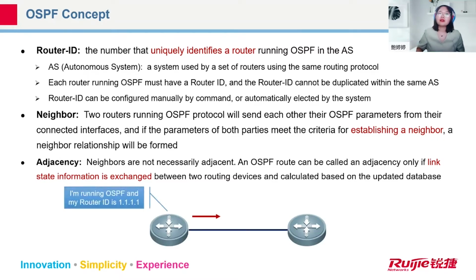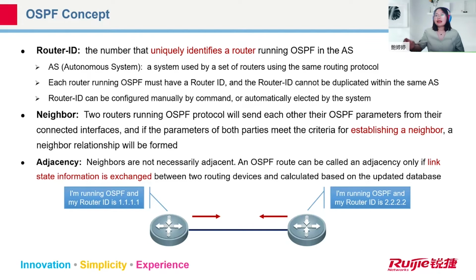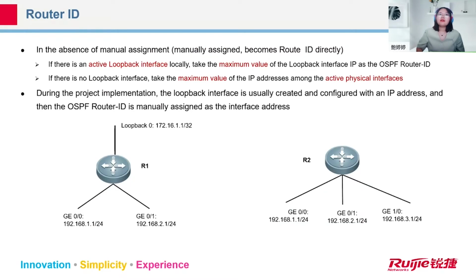So if there are two routers running OSPF and my router ID is 1.1.1.1, and the other router also, when we send out the hello packets, will tell you its router ID, 2.2.2.2. About the router ID, we can configure it manually with a command, or we can select it automatically.